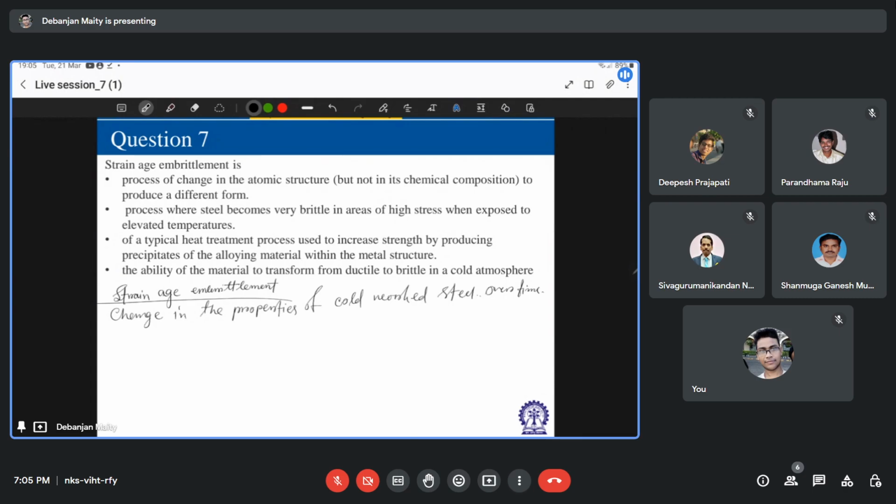Whatever changes you observe in terms of microstructure occur rapidly at higher temperature and only in steel that has been cold worked.